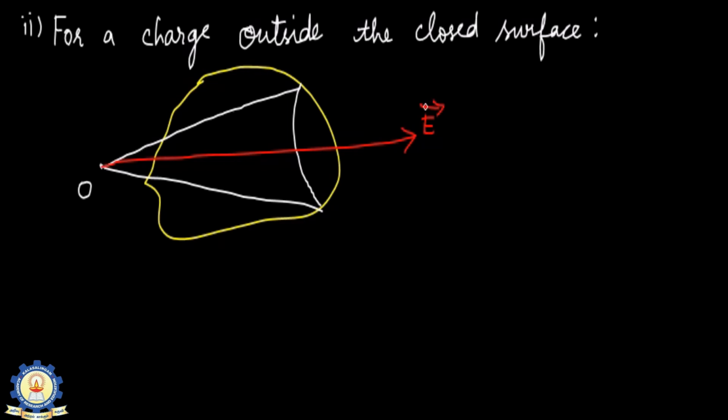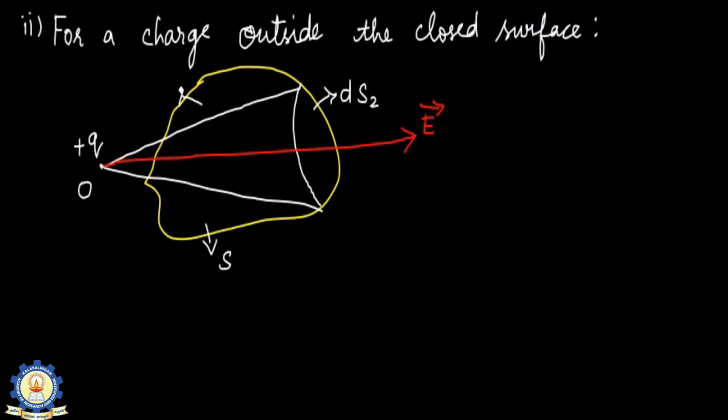Cut the closed surface at ds1, which is an inward flux. So we are going to consider two surfaces. One is ds1, the other is ds2.